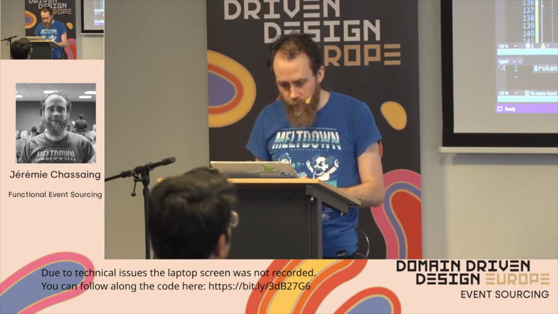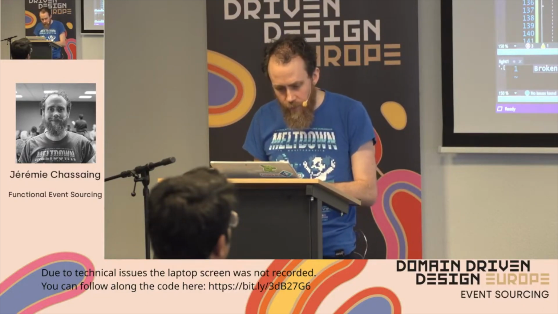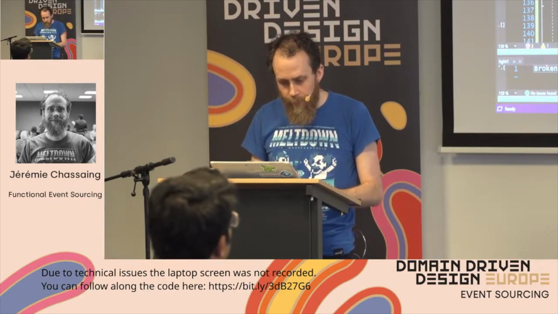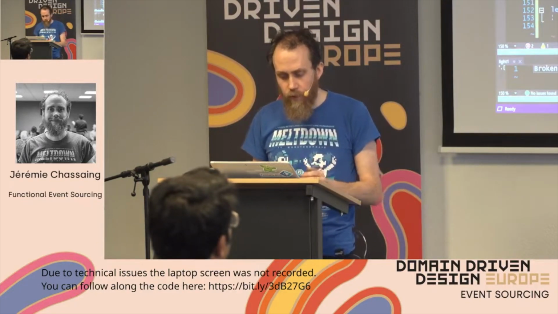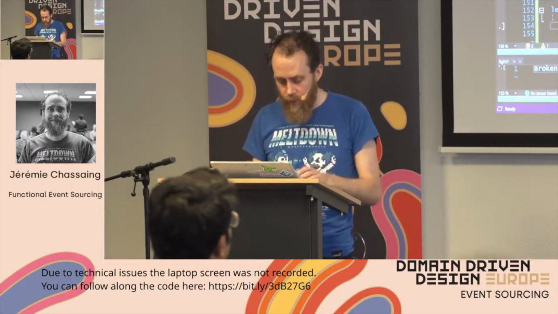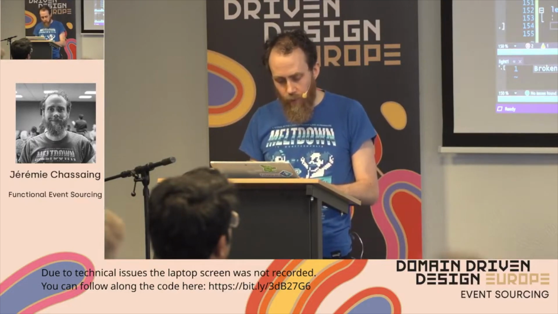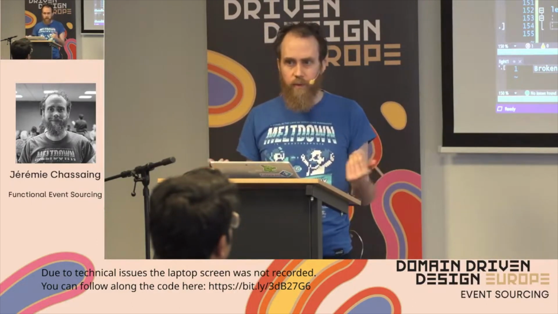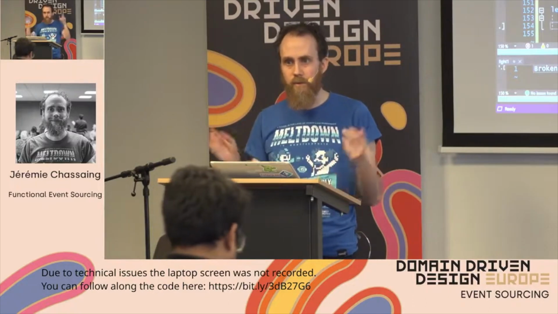I will call them load state and save state here, because I will use load and save for events. It will be better. So I want to load my events. Okay, let's do that. So store dot load with my name, and I should get the full list of events that happened for this name.